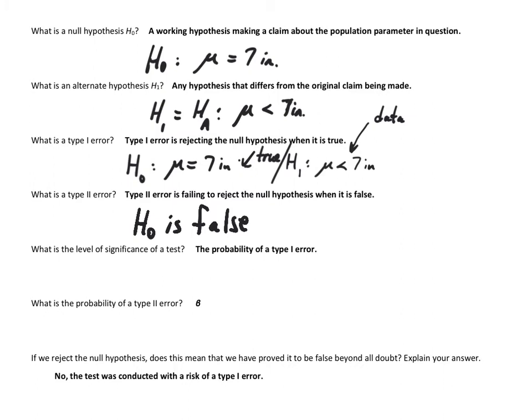That would be a case of a type 2 error. A type 1 error is called a miss. It's when the initial guess is already true, but your data leads you to believe something else. It's kind of like getting a false positive. A type 2 is when your null hypothesis is false, but data suggests it's true.